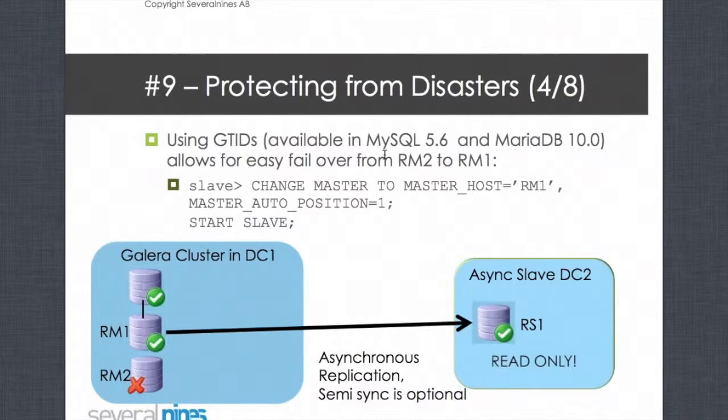You just point the change master to the new master, and then start the slave again, and it will figure out itself where it should resume from without missing any data. This is so much easier than, if you remember, checking the binary log files and binary log positions and that kind of craziness.